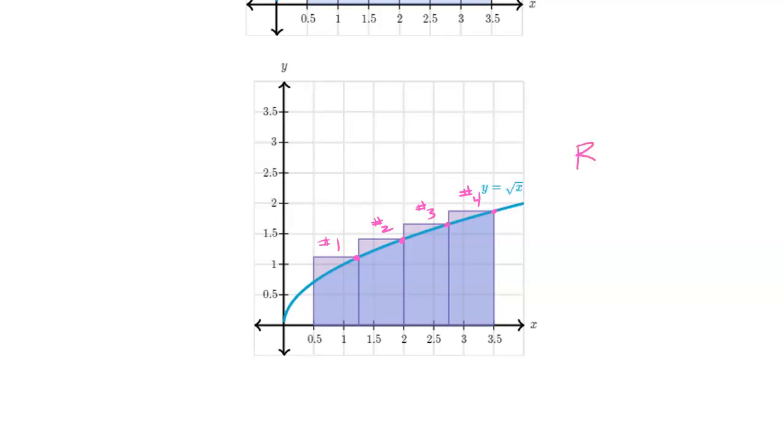It usually refers to it as a right Riemann sum. You can figure it out from the words: the Riemann sum refers to the fact that we've got the shapes, and the right means the right-hand side. So I usually refer to it as right endpoint, but do know that these are the same things.